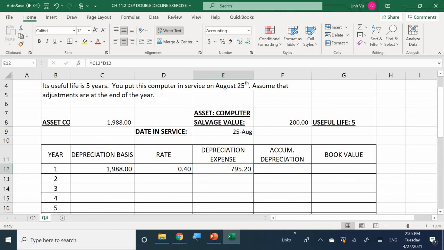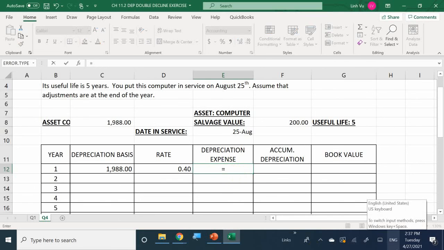You can also divide by 12 and then multiply by 4 and you should get the same answer. So let's take a look at the most simplified way of doing it. I'm going to use my equal round formula just in case my numbers don't come out evenly.